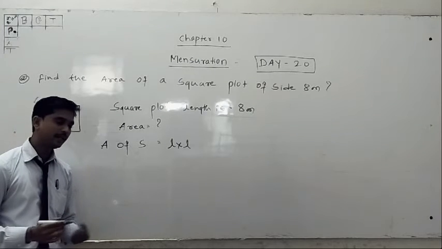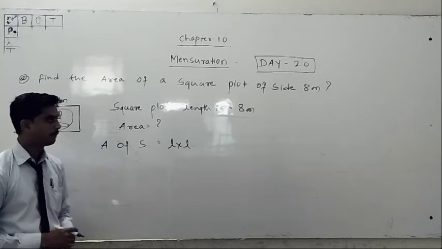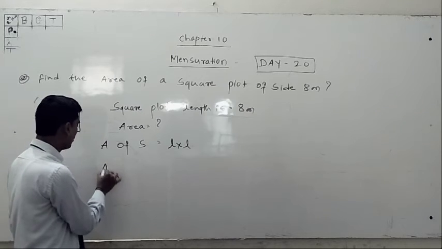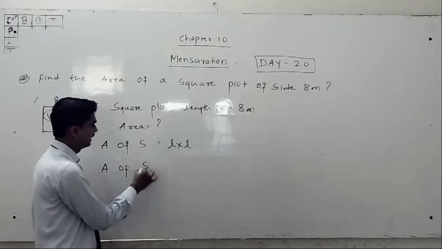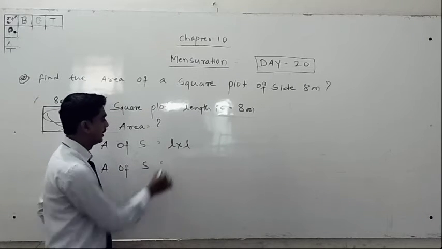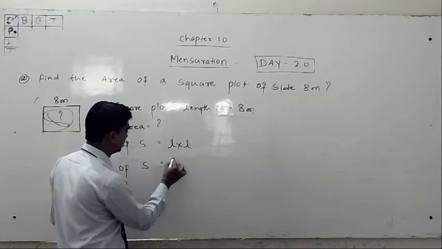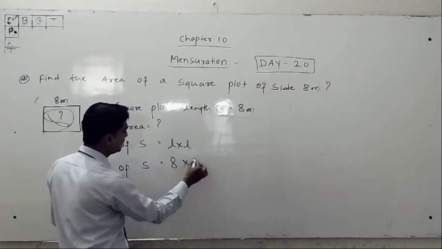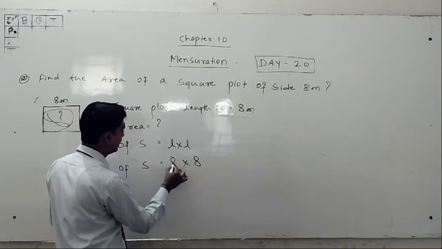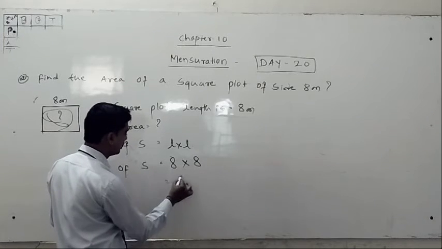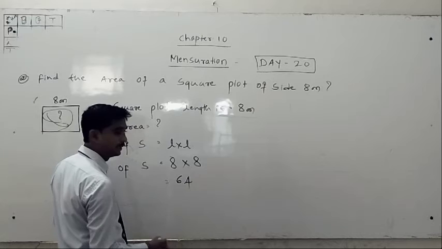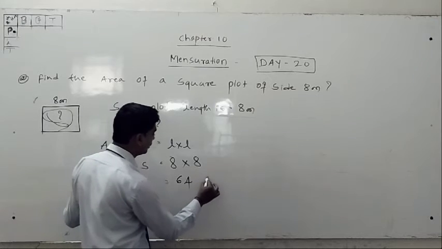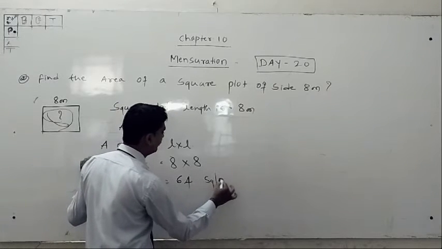In that formula, side and length should be the same. A of S is equal to length, how much is there? 8 meter. You should write 8. Then multiplication. Length again you should write the same, 8 meter. Then 8 eights are 64. 64 square meter.